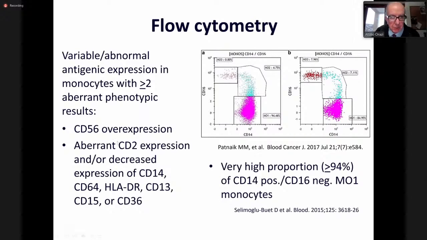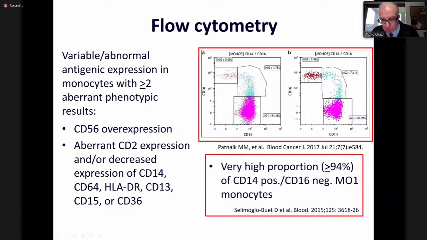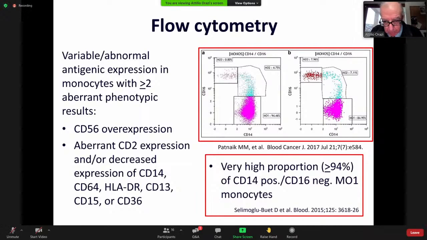That's the traditional way. Now, since the paper from the French group in 2015, this has become popular: the high proportion of CD14 positive, CD16 negative cells, known as MO1 monocytes, which are the monocytes you find in CMML. You can see here in red, violet, a very nice tight cluster of MO1 accounting for 94.46.